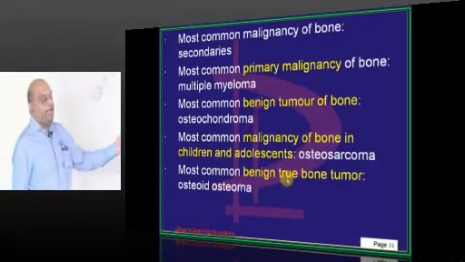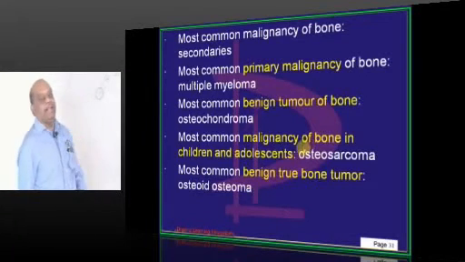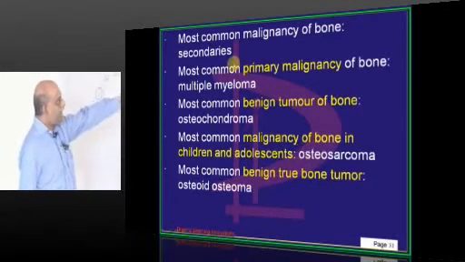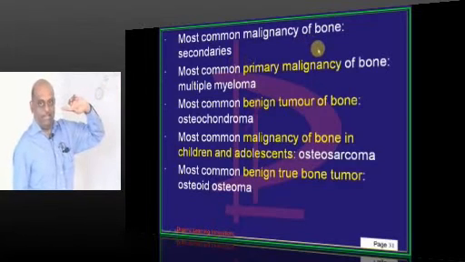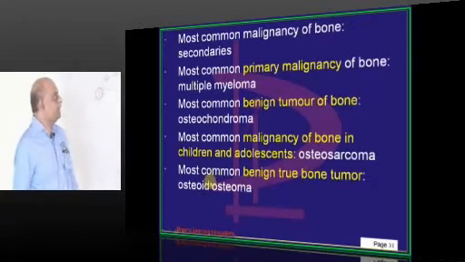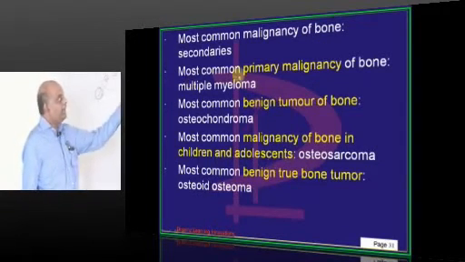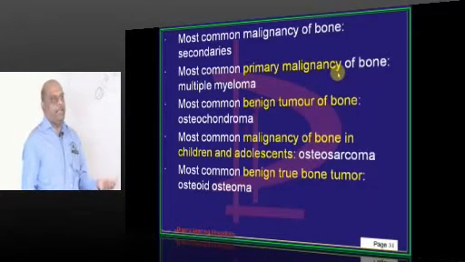Then in children and adolescents, what is the most common malignancy of the bone? Because multiple myeloma occurs in adults, not in children. So osteogenic sarcoma is most common in children and adolescents. But overall, if they ask what is the most common primary malignancy of the bone, multiple myeloma.